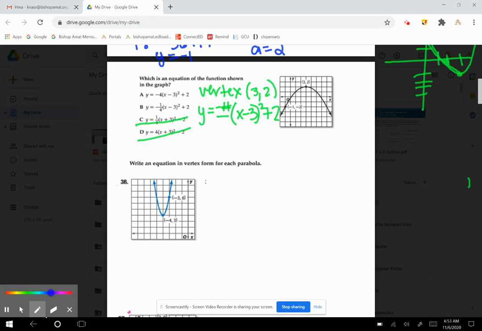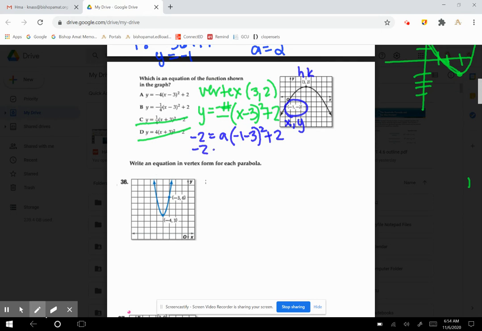And here's what you do. You're going to use this point right here. That's your x and that's your y point. Your vertex is your h and k, but a point is x and y. So you're going to plug those numbers into here to find out what a is. So y is negative 2 equals, we don't know a, x is negative 1 minus 3 squared plus 2.